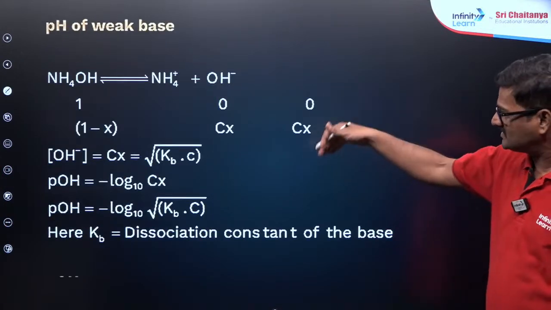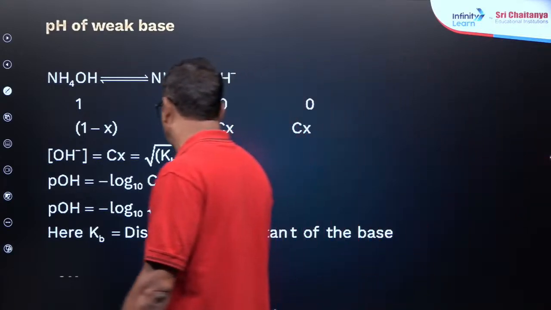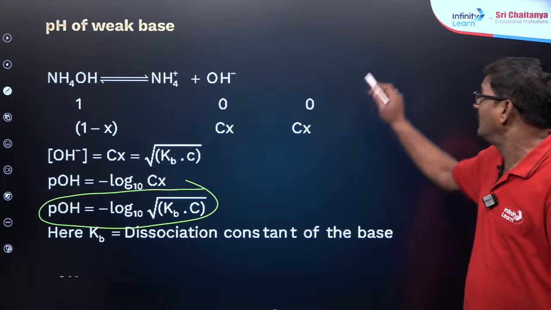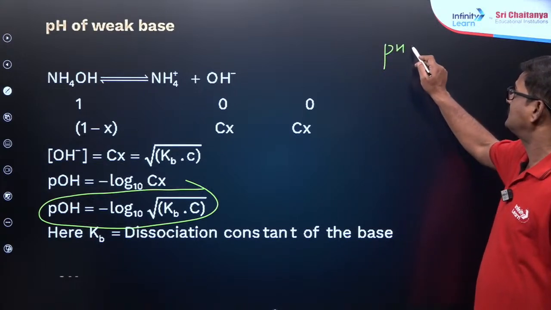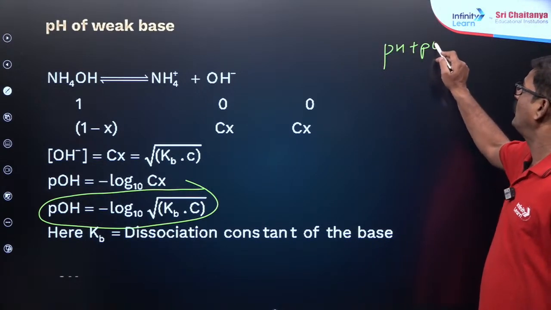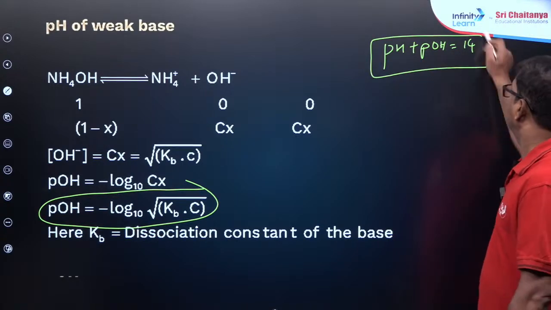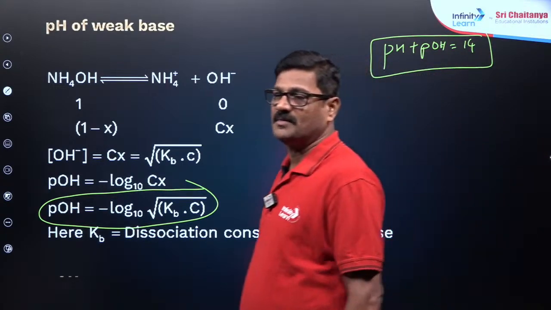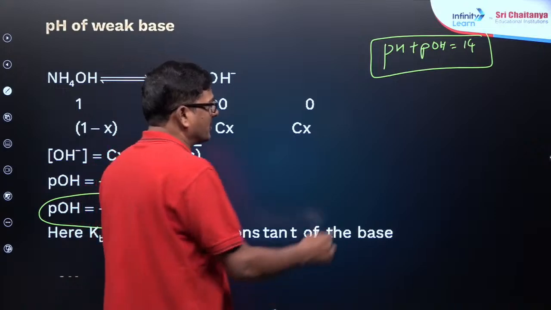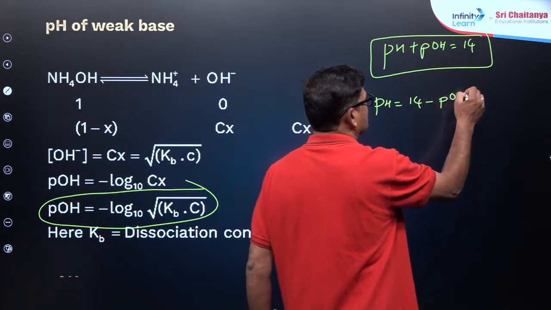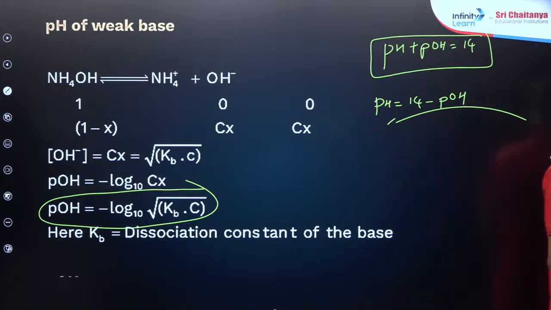Similarly for the weak base, you have to take the pOH into consideration. pH plus pOH is equal to 14, so that we can say pH is equal to 14 minus pOH. Okay, clear?